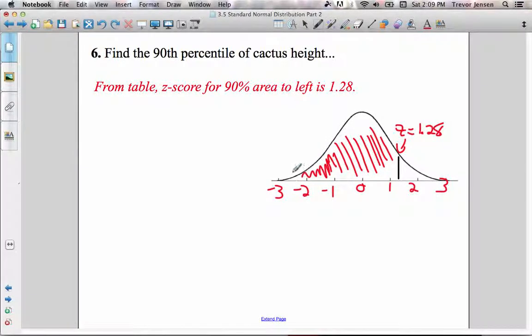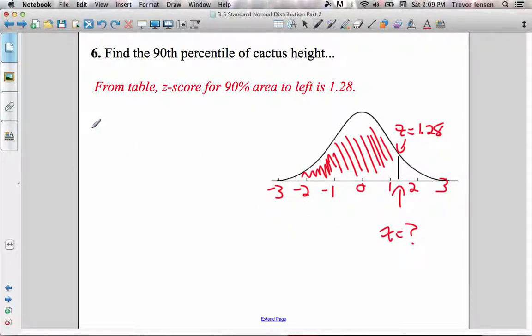For a set of data that is normally distributed, 90% of that data would have a z-score equal to or less than 1.28. But now that we have the z-score, I need to figure out the actual x value at this point, because we want to know the height of the cacti.